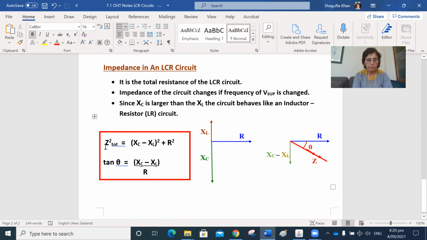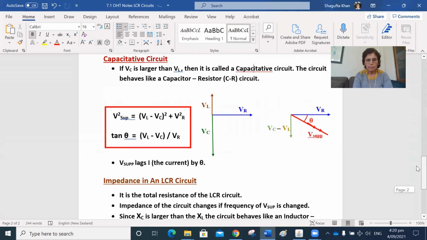And the formula will be Z squared equals this square plus that square, and tan of this angle will be opposite over adjacent, XC minus XL over R. So that's for a capacitive circuit.